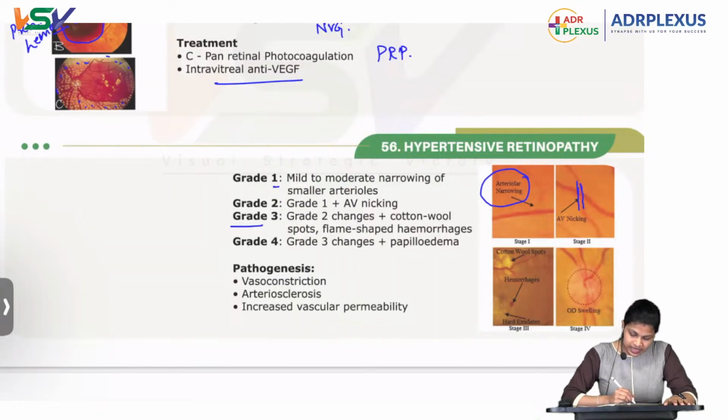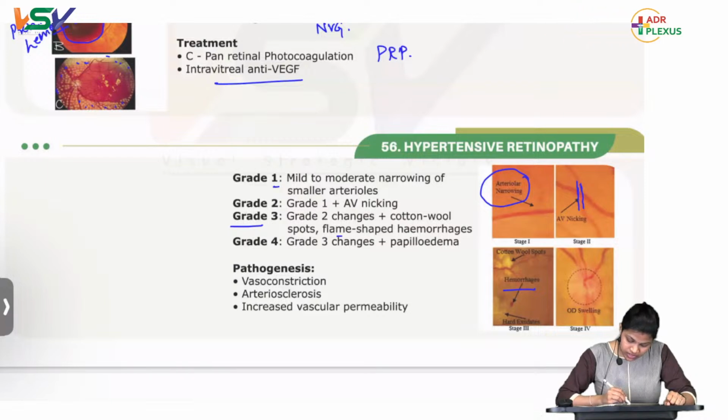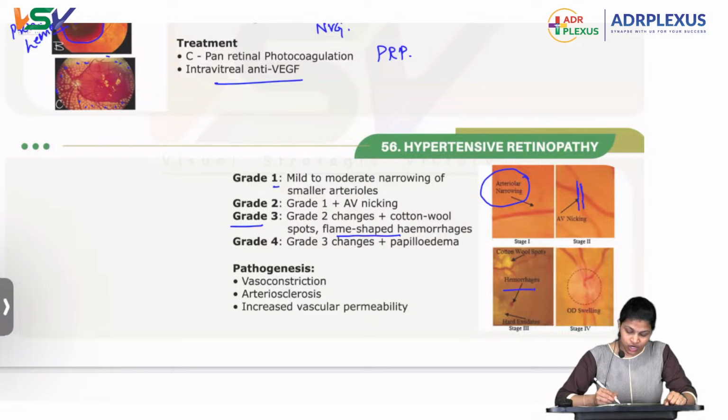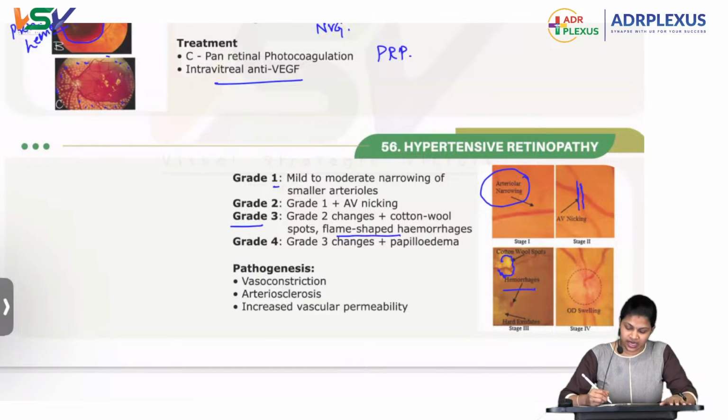Now grade 3 is that along with this AV nicking, you will have hemorrhages which are flame shaped. Now remember, flame shaped hemorrhages are mostly found in hypertensive retinopathy. So flame shaped hemorrhages and cotton wool spots, which are ill defined fluffy margins, in grade 3. In grade 4, papilledema, disc edema. Whenever there is papilledema in hypertensive retinopathy, that's grade 4.